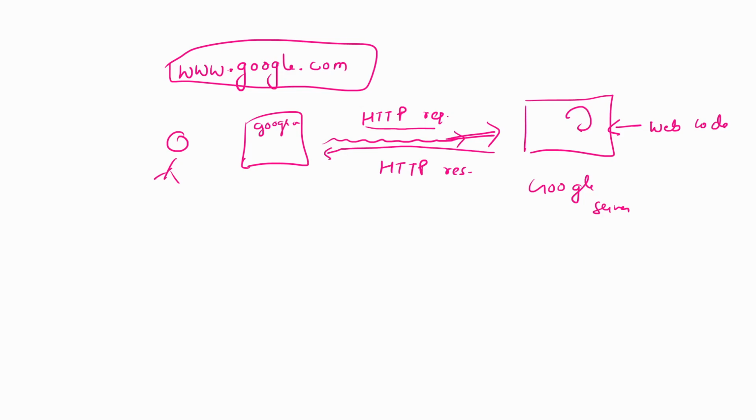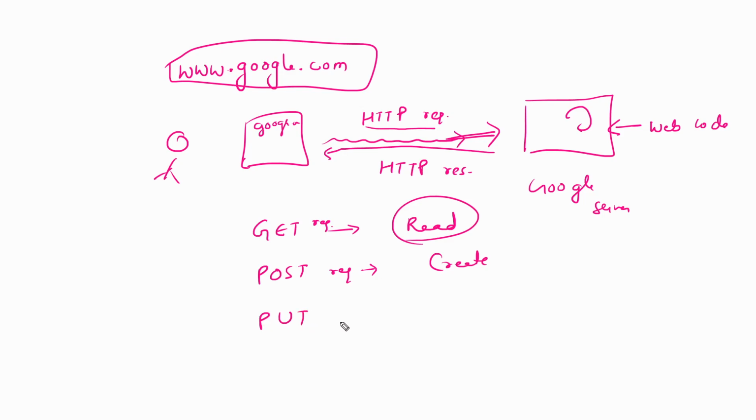The four types of requests that you are looking at are the GET operation. When I say GET request, it means it's mostly a read operation. Then we have a POST operation, where you are creating the information. You have a PUT, which is an update, and then you have a DELETE operation.